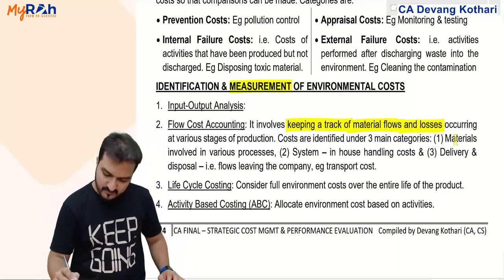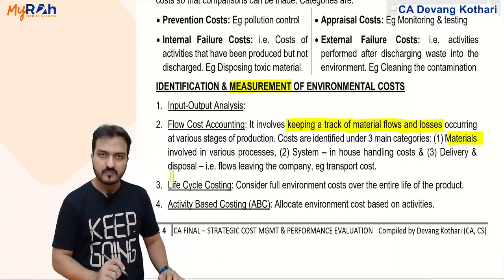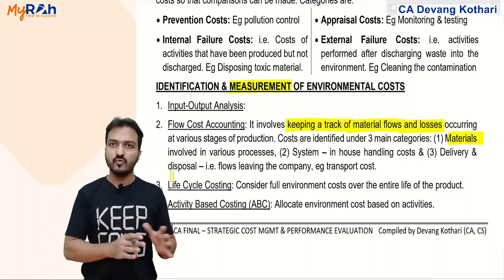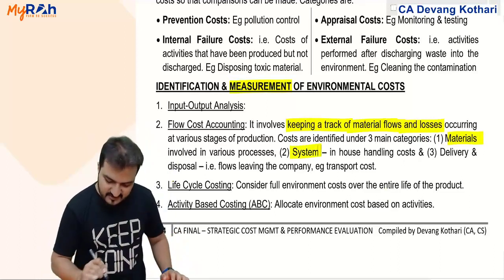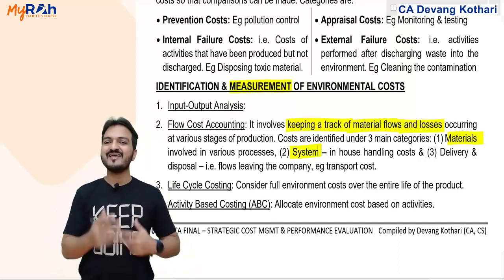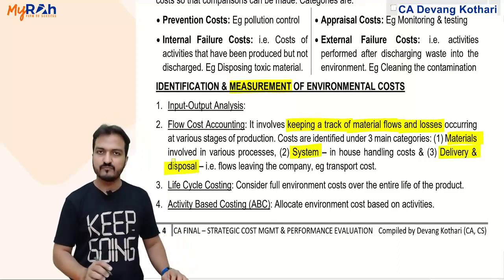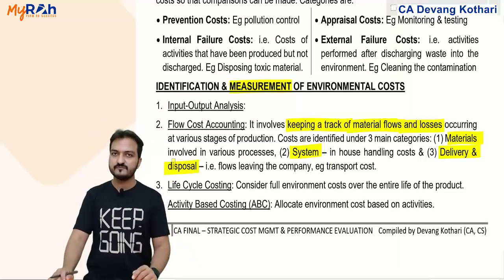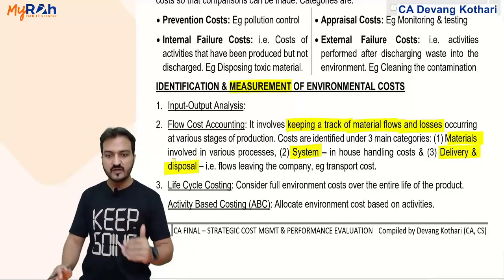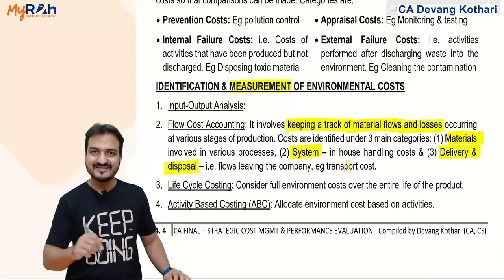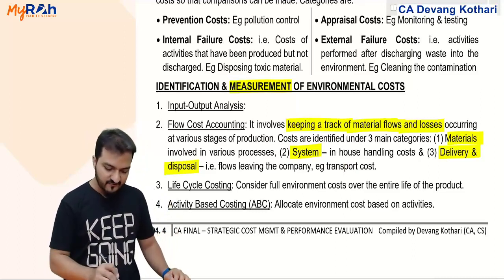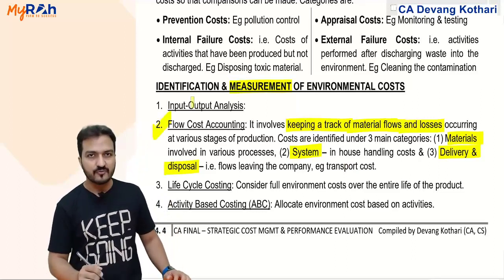First is materials; materials related costs you identify. Then you identify system related costs. System means in-house handling costs and all. And then you identify delivery and disposal, meaning the delivery cost of finished goods. That is flows leaving the company, for example transport costs. These items of cost you identify, it's called flow cost accounting.